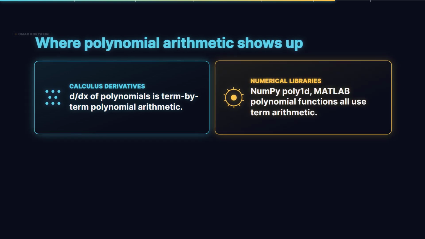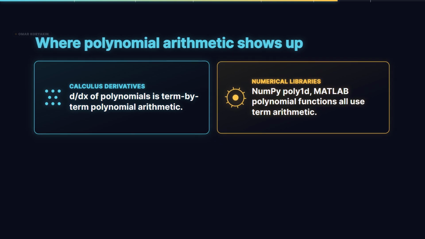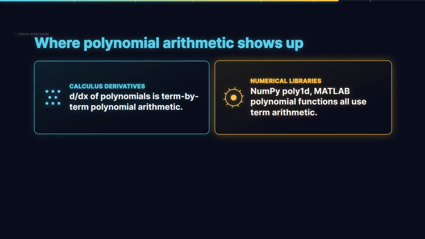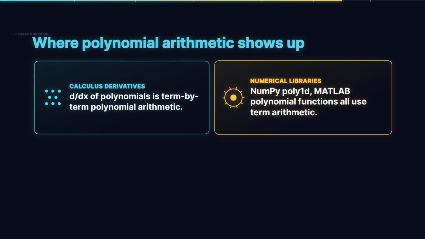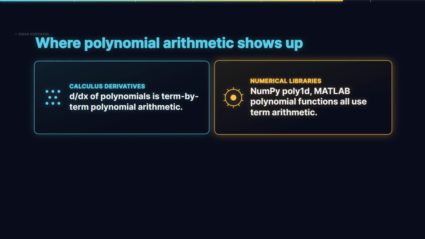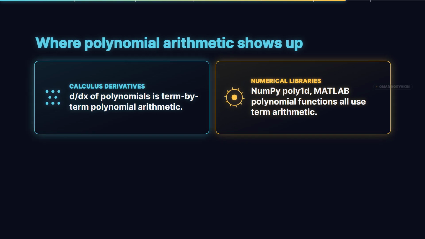In numerical computing libraries like NumPy and SciPy in Python, MATLAB and Julia, polynomial objects are represented internally as coefficient arrays, and addition and subtraction of polynomial objects is implemented as element-wise array addition and subtraction. Exactly the like terms rule applied programmatically. Every numerical analyst, engineer, and scientist who works with polynomial regression, polynomial root finding, or polynomial fitting uses polynomial arithmetic constantly through these libraries.